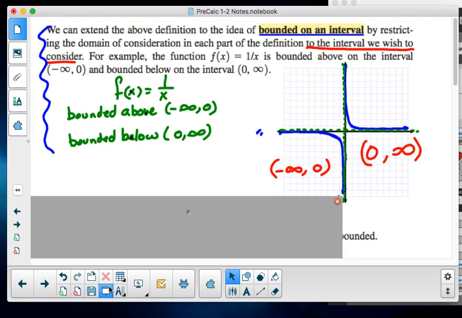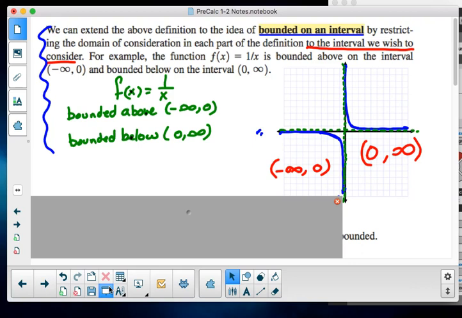In this particular problem, we're just looking at an example. I wanted to do that because sometimes you'll come across a reading that says it's bounded below here, bounded above here, and I wanted to make sure you have an idea what that means. But this graph itself is unbounded, from negative infinity to infinity. Does that make sense?